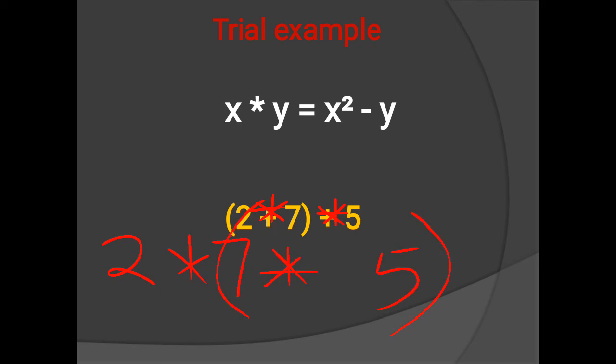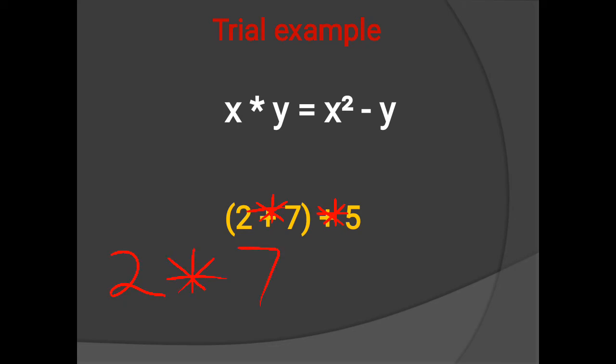So our 2 operation is going to be repeated. In the parentheses we are going to get 7 squared minus 5. That is x squared minus y. Our x is 7, our y is 5. So 7 squared minus 5. 7 squared is 49.